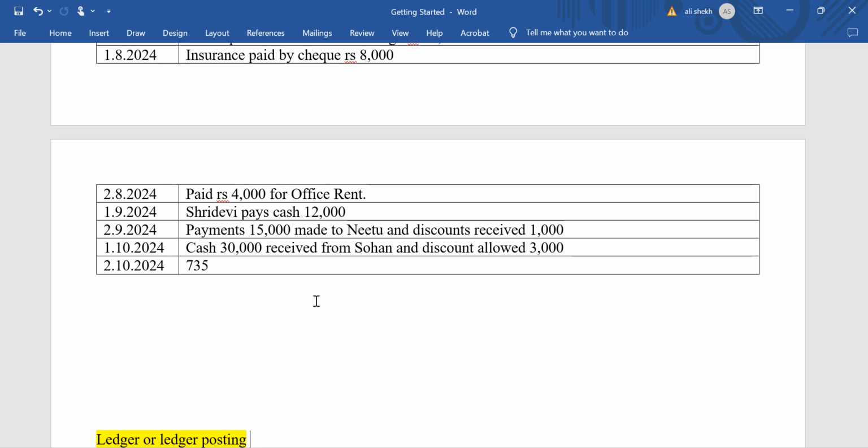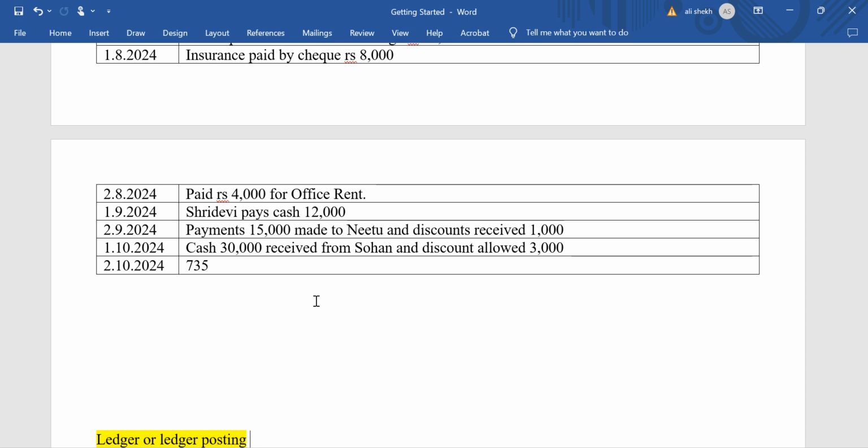Payment made to Neetu Singh and discount received. So here we are making the payment and receiving the cash discount. So the entry will be Neetu Singh account debit, to cash and discount received.